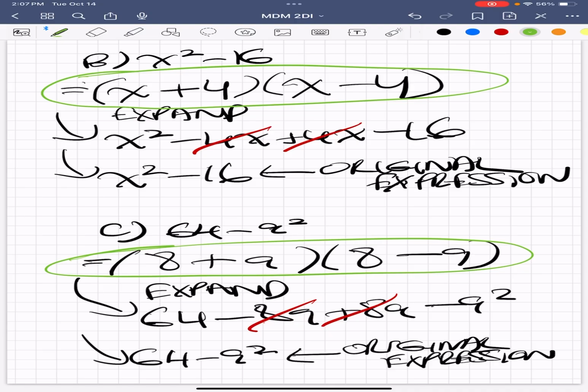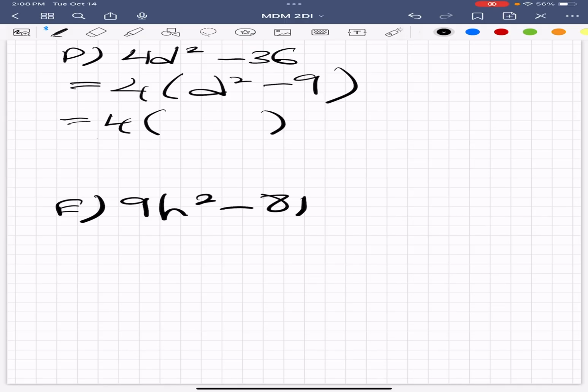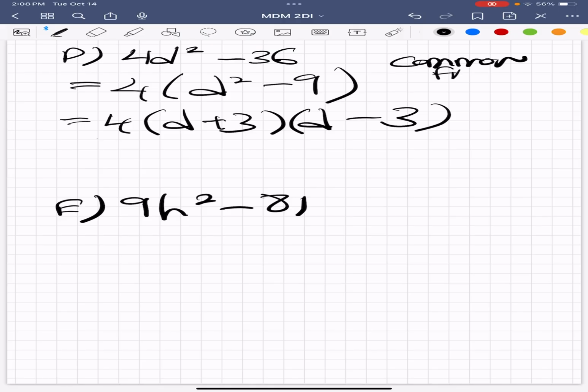Okay, continue. So we have a common factor of 4. We have 4d squared minus 9, and then we have 4, and we get our brackets ready: (d plus 3) and (d minus 3). So we factor out the common factor 4, and then we factor the bracket expression.